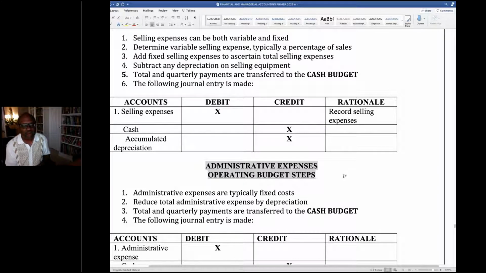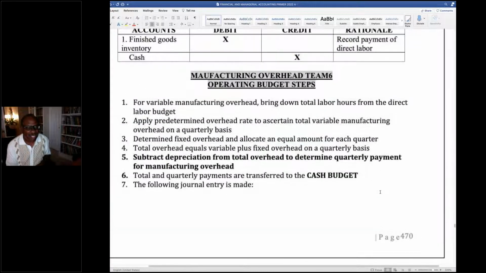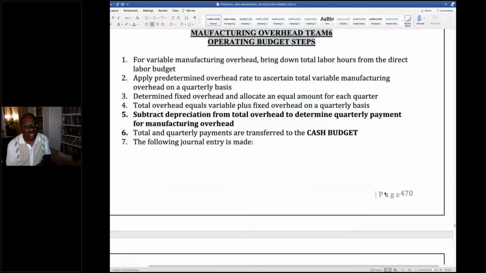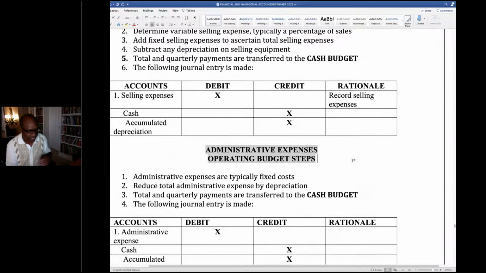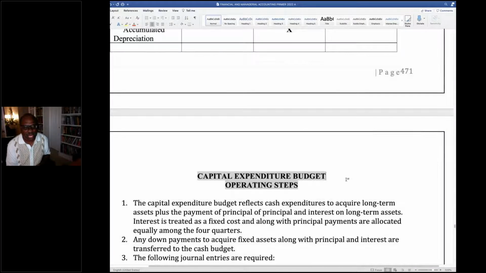Professor Boyd, could you go back to the raw materials budget so I can take a picture of what we need to do? I will. Team 6, I'll give you all that then. They're very similar. We just want to have the X's. And then team 5, you all get the capital expenditure budget.